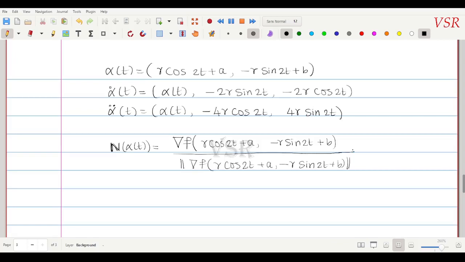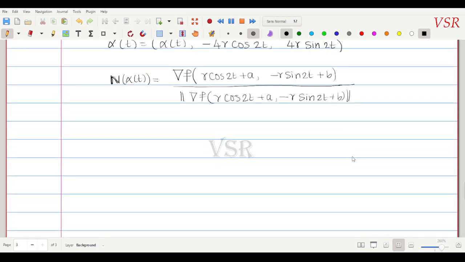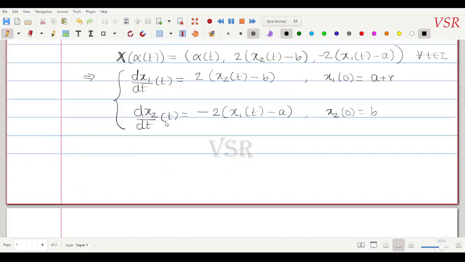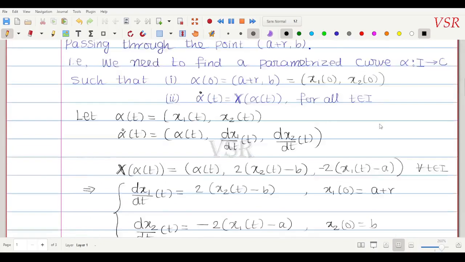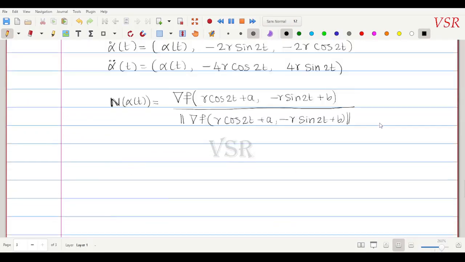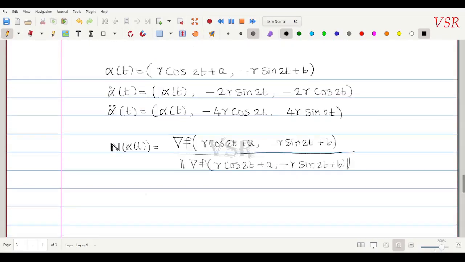Is it okay? Alright, first, what do I know, the formula for del f, we wrote it above. When we started, we wrote that del f is 2 times x1 minus a, and 2 times x2 minus b. So what do we have, this is equal to, this is alpha of t, what do we get, x1 minus a.